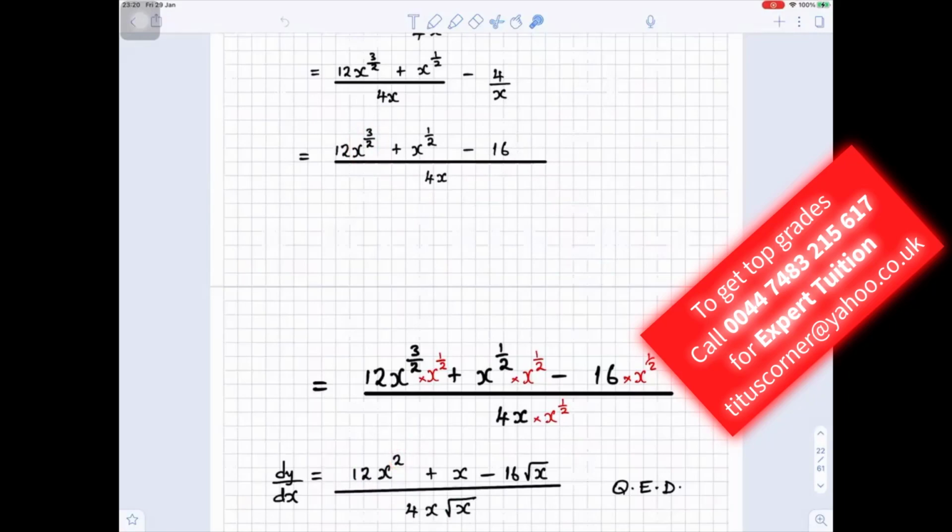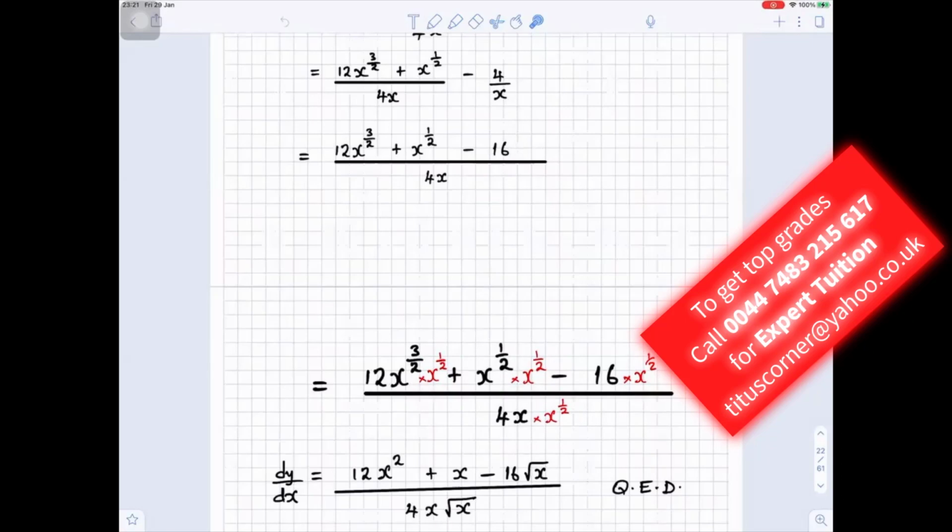If we times by x to the half for all of them, we will multiply 12x to the 3 over 2 times x to the half plus x to the half times x to the half minus 16 times x to the half over 4x times x to the half. So we times all of them by x to the power half. It keeps everything the same. It hasn't made a big change.